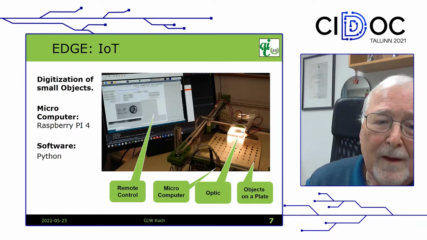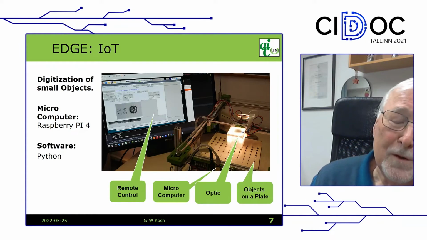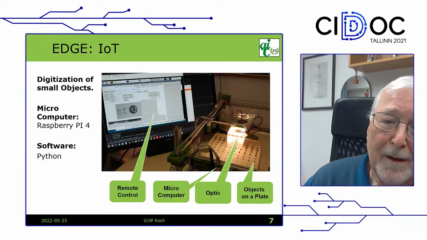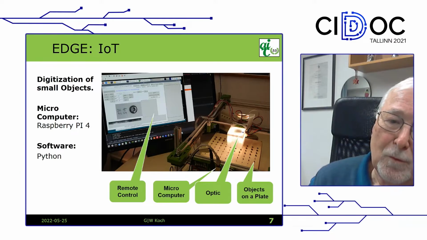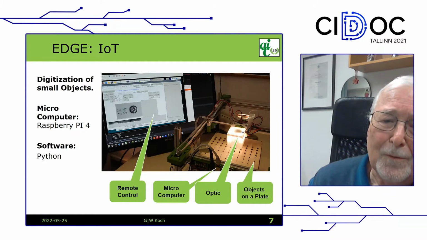And here you have the remote control, the graphical user interface, which is installed remotely, and where you can control the movement of this device here, of these cameras. And here you see the outline, and you can here already identify what you have collected here. So this is a good help for digitization processes.